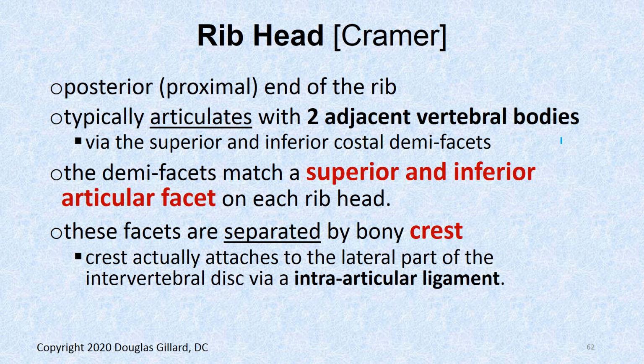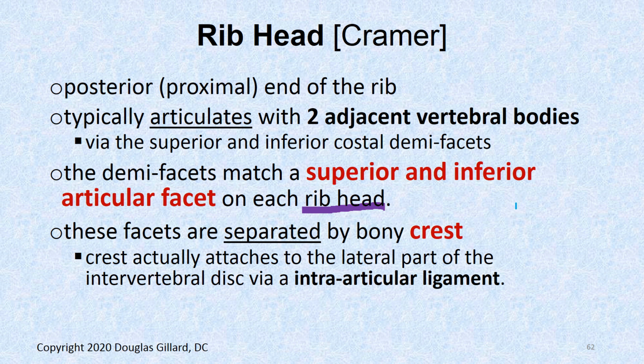But run of the mill, most of them have two articular pads on them. Why do they have two articular pads? Because they connect to two bodies, two costal demifacets is what they connect with. Demifacets match the superior and inferior articular facets on each rib head. We'll see how that works in a second.